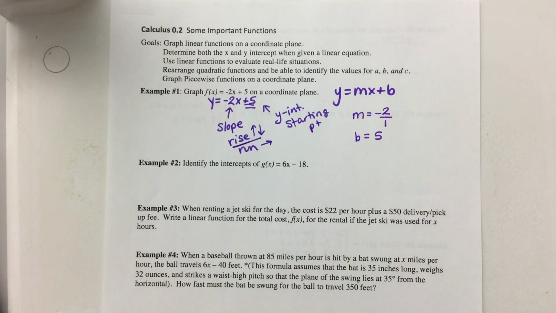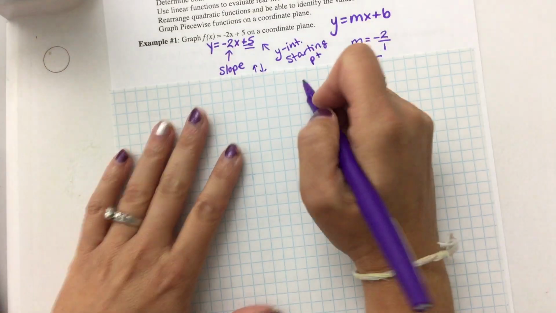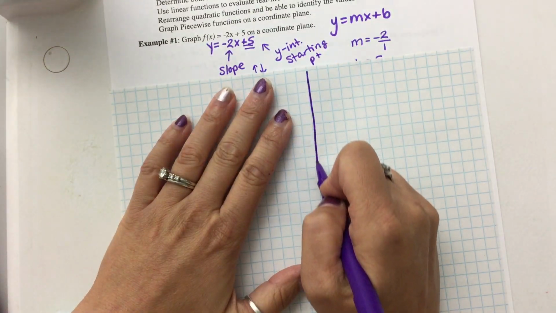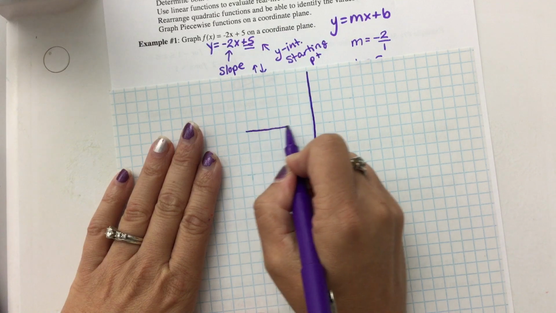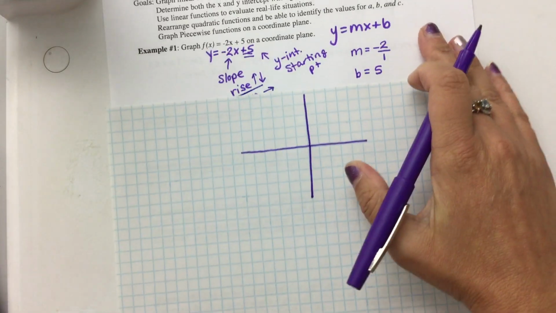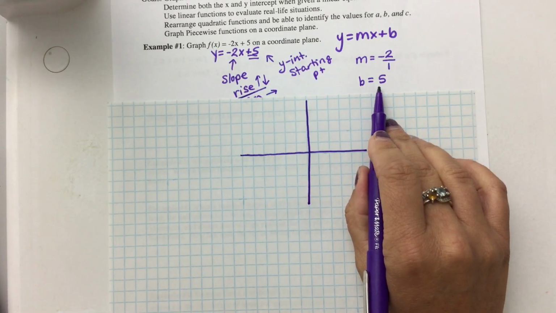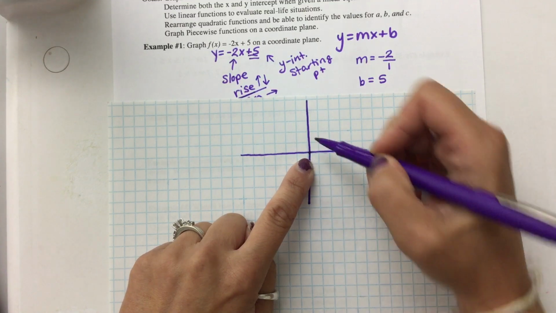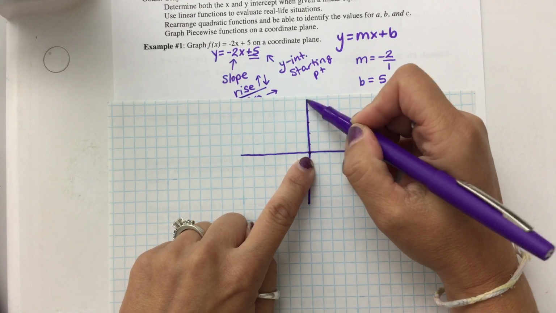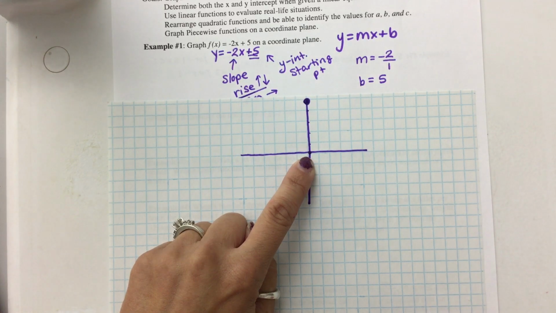So if I go ahead and graph this, I'm just going to draw a coordinate plane here. Now your y-intercept is your starting point. Because it's +5 from the origin, I go up 1, 2, 3, 4, 5. That is my y-intercept. From geometry, recall that you only need 2 points to form a line.